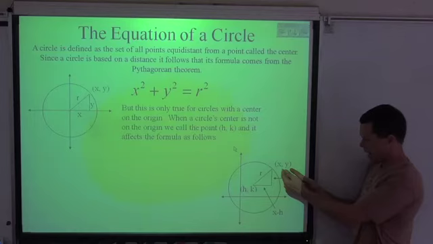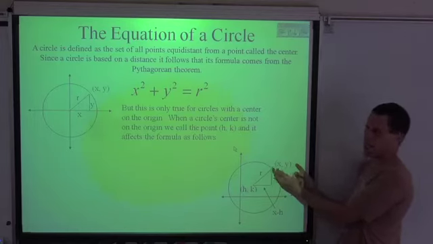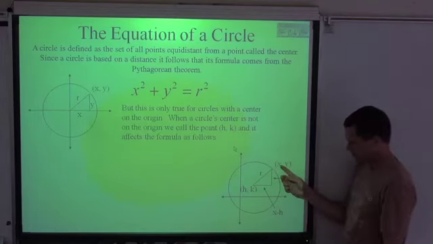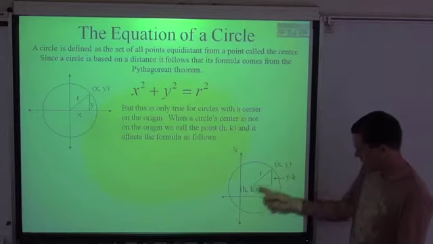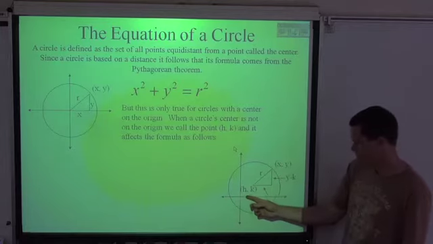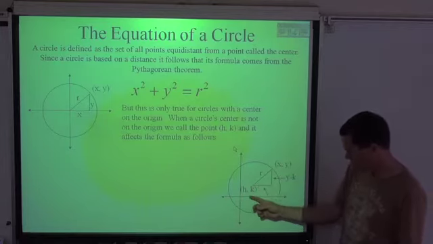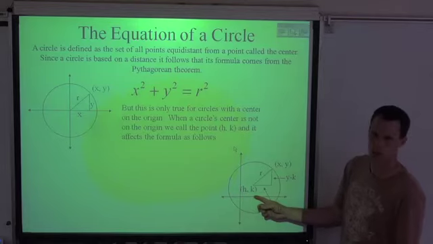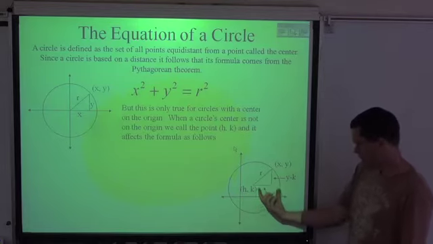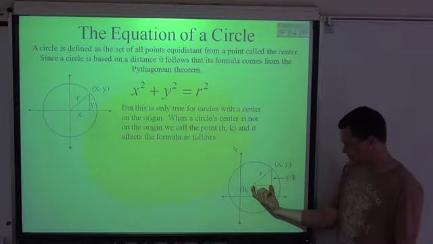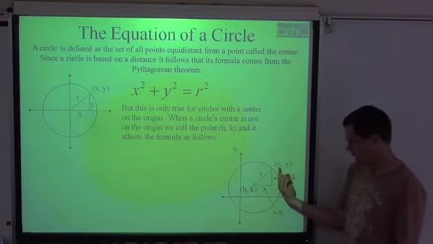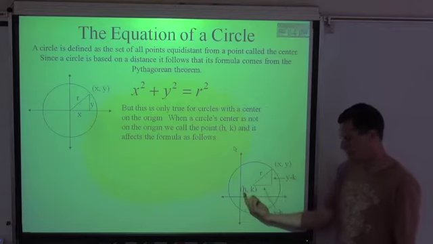However, the point x, y, which represents any point on the circle, this distance x is from the origin. And so we don't want the part from here to here, which represents h. So the distance of this part of the triangle, using the distance formula, would be x minus h.